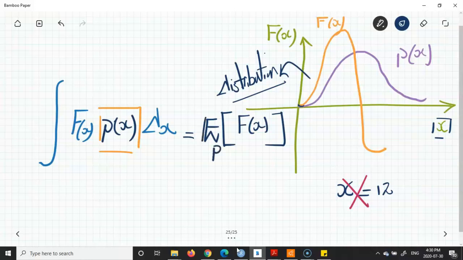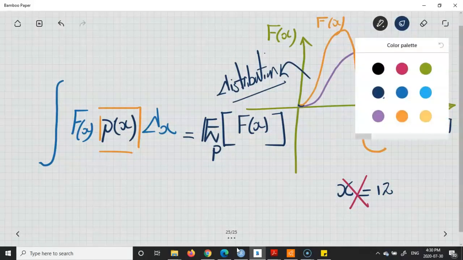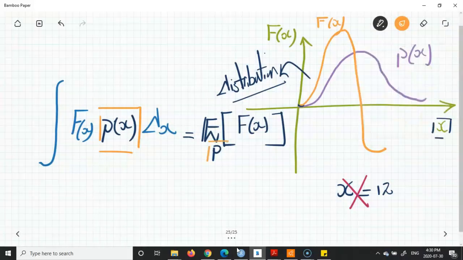That's what we call the expected value of the function f of x. However, this random variable is designed by a distribution which we call, for example, p.